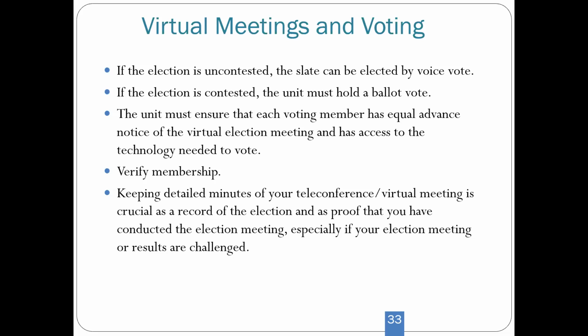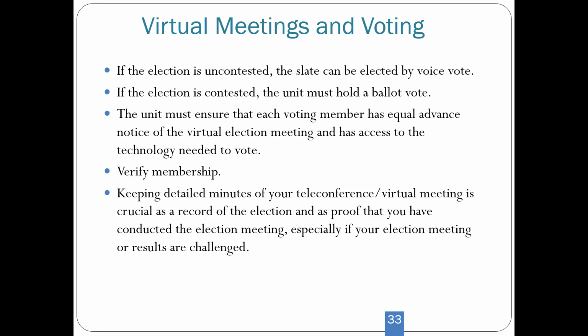And that is done, again, on Zoom using the Google poll, but you need to prepare that in advance. You could go to capta.org and do a search on virtual meetings and elections, and there's more information in there.